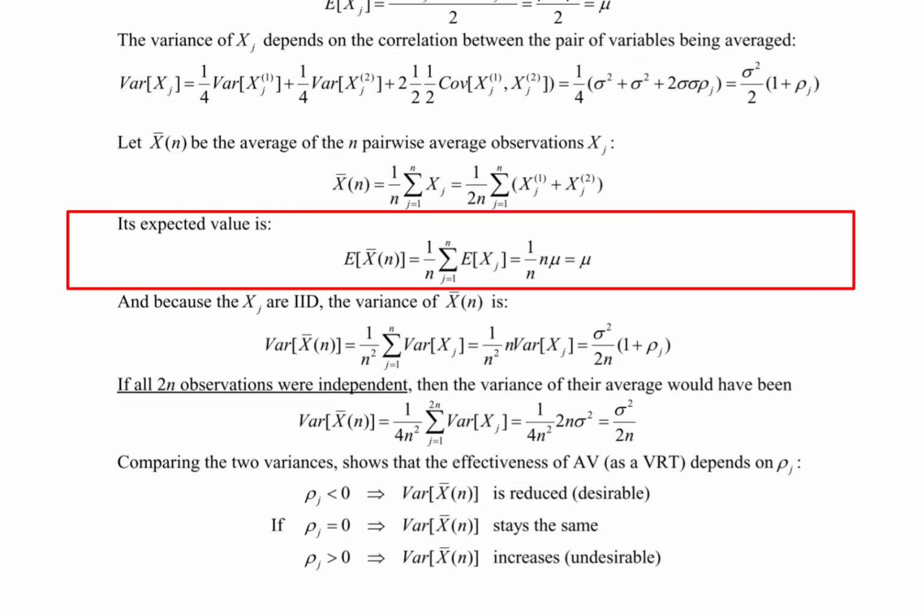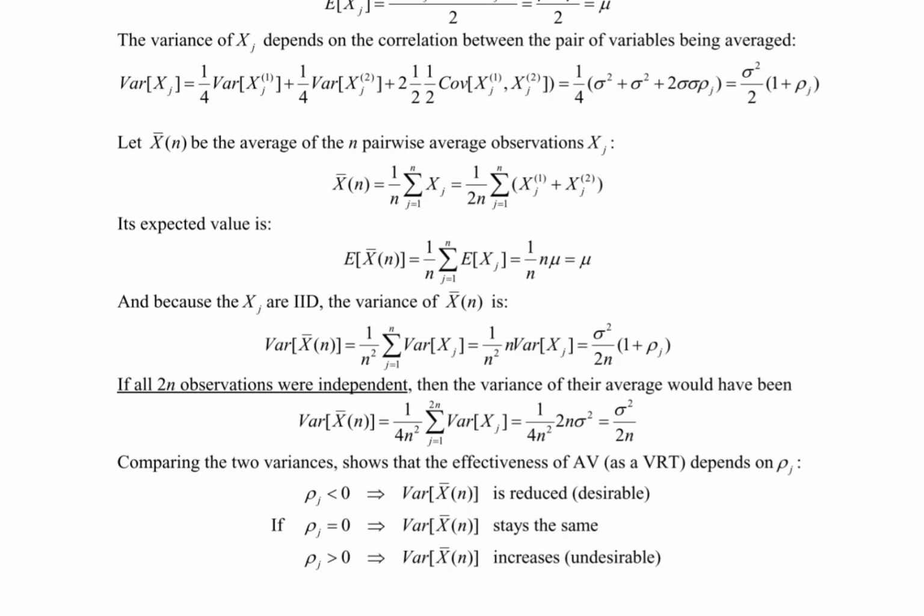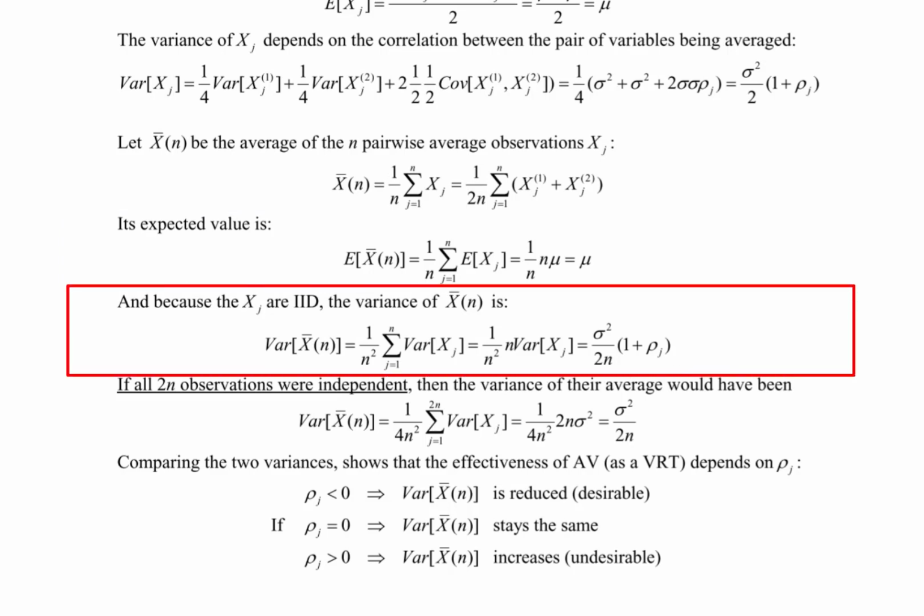The expected value of x bar is indeed mu, that is the unknown quantity that we're trying to estimate. Because the x_j are independent and identically distributed, the variance of the average x bar is equal to sigma squared divided by 2n times 1 plus the correlation coefficient rho.